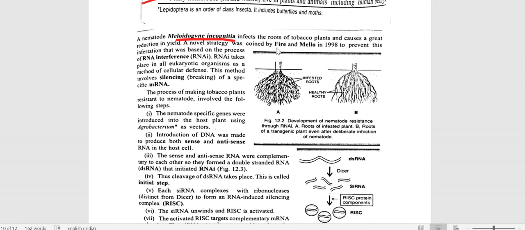A novel strategy was coined by Fire and Mello in 1998 to prevent this infestation, based on the process of RNAi. RNAi takes place in all eukaryotic organisms as a method of cellular defense, and this method involves silencing or breaking of a species specific mRNA.